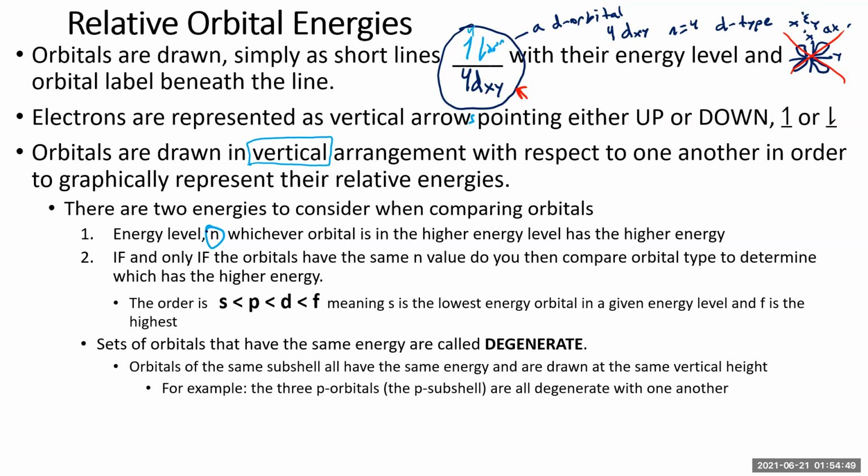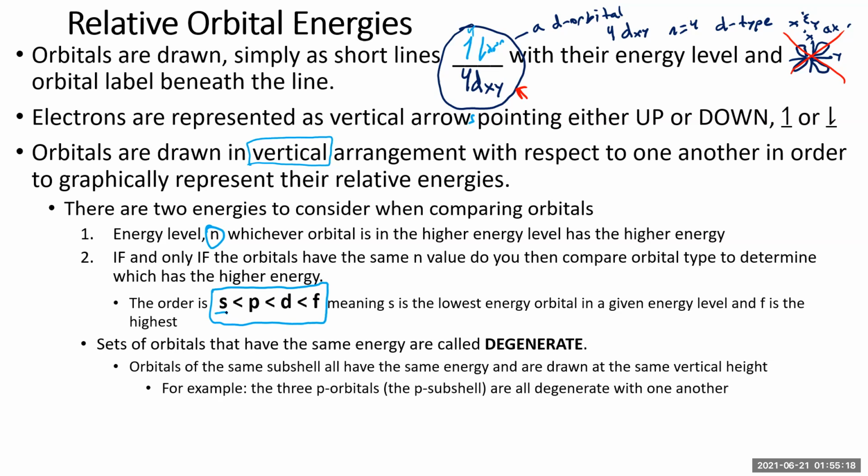Now, if you're considering two orbitals of the same energy level, so if the energy levels are equal, then you move on to comparing the orbitals themselves, and the order is always the same. For a given energy level, s is the least energetic orbital.